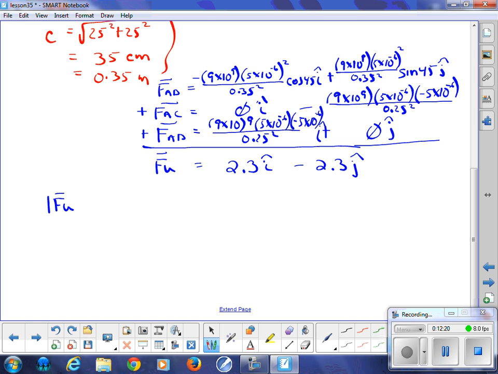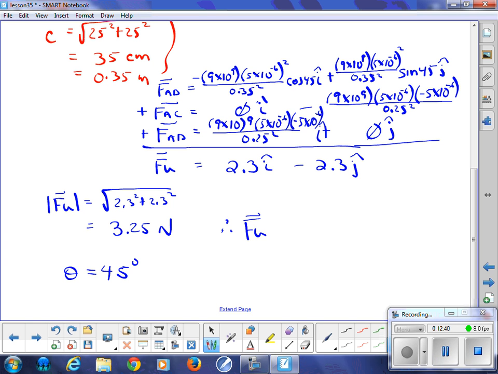So for the magnitude of the unbalanced force, going back to our vectors, we find that the unbalanced force is 3.25 newtons. I know theta is 45. I don't have to do the calculation here because A and B, the opposite and adjacent, are the same. So therefore, unbalanced force Fu is equal to 3.25 newtons.